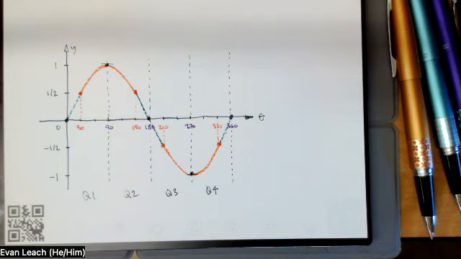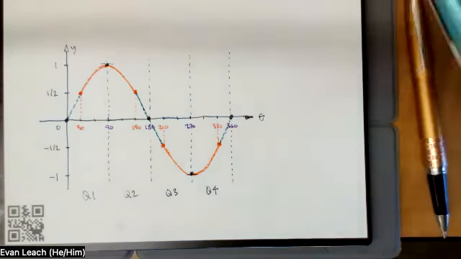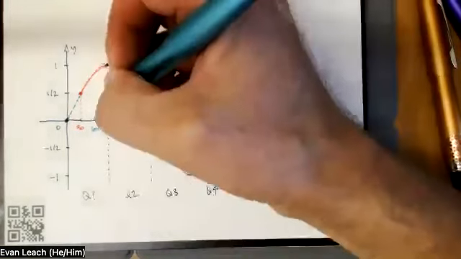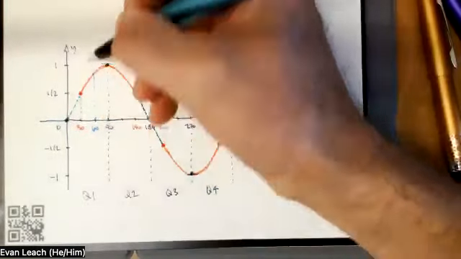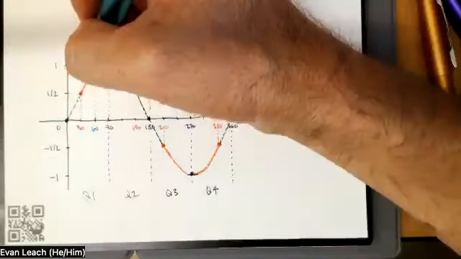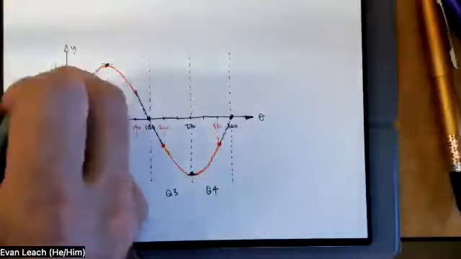So it's easier to make the graph look right, and then retroactively go and find here's 60 and trace that up to root 3/2, which is about 0.8660.